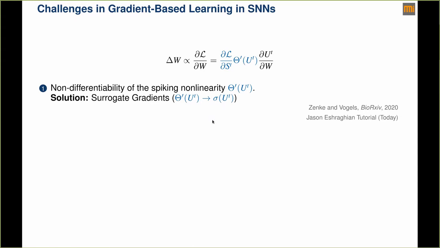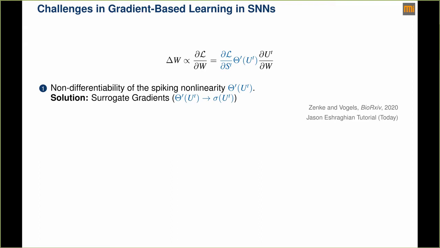Now, this is an approximation, because we're using a different graph to compute the gradients than the actual gradient graph, so we get approximate gradients. But there's been a lot of empirical work showing that this works very well in practice.